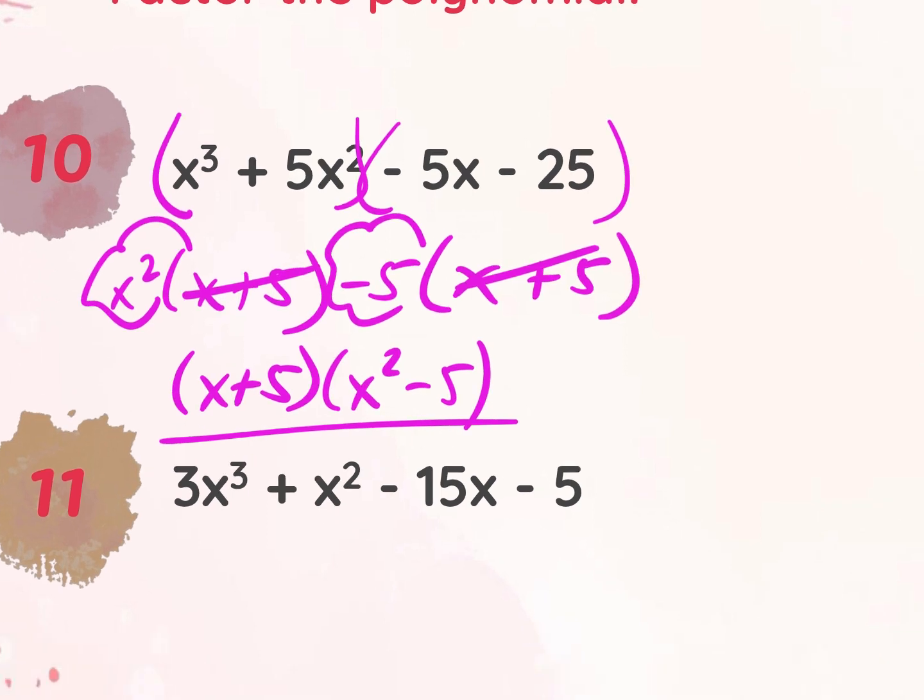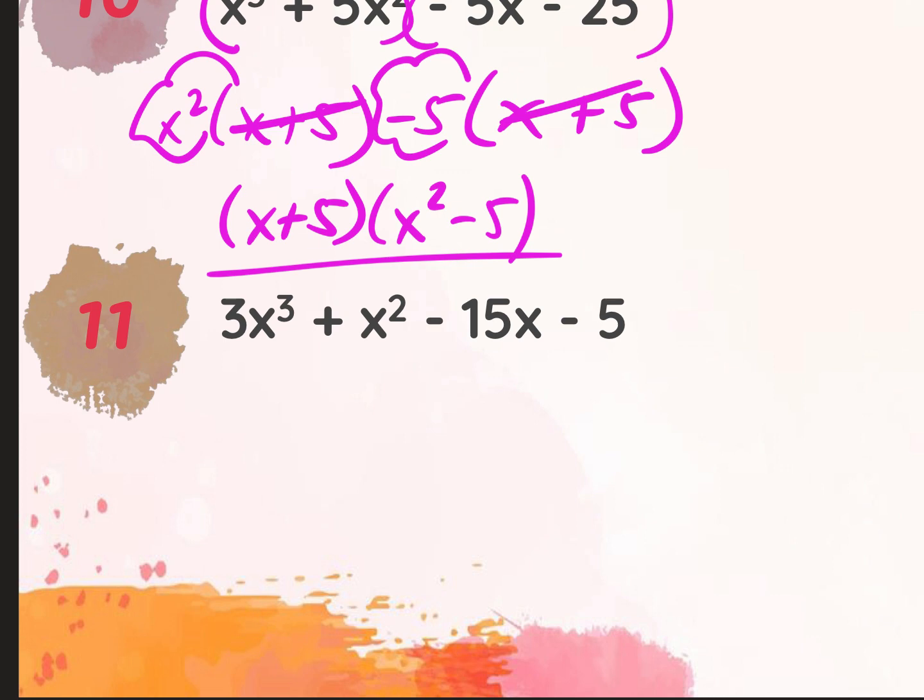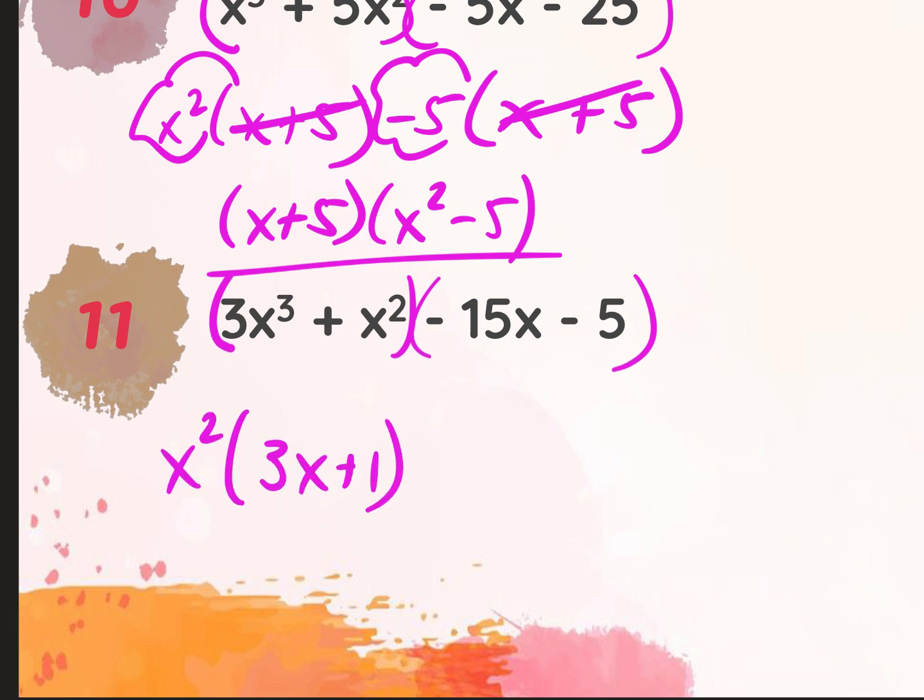All right, moving along. 4 terms, GCF? No. So I'm going to group the first 2 and the second 2. What do I take out of 3x cubed and x squared? How many x's? Good, x squared. So I'm left with 3x plus 1. Negative 15. If I lead with a negative, what do I take out? A negative. So I'm going to take out a negative 5 here.